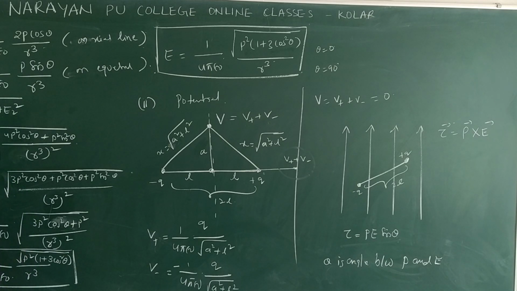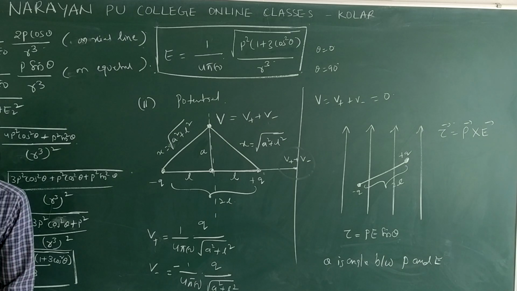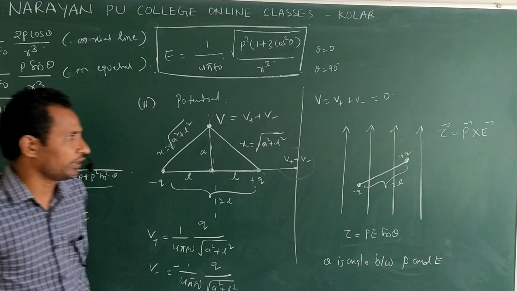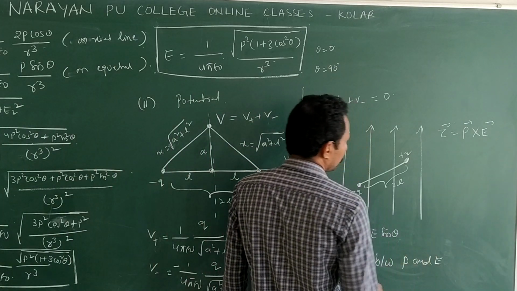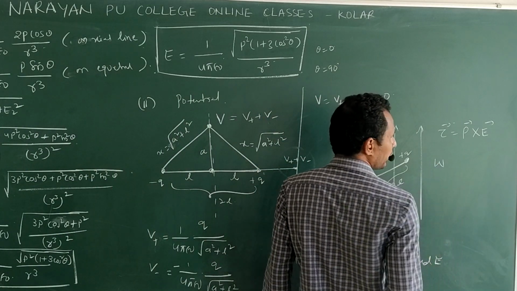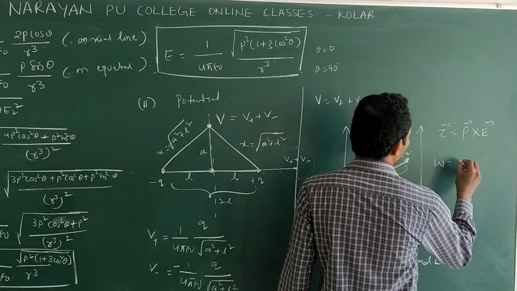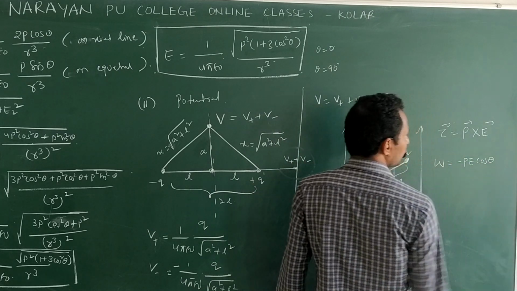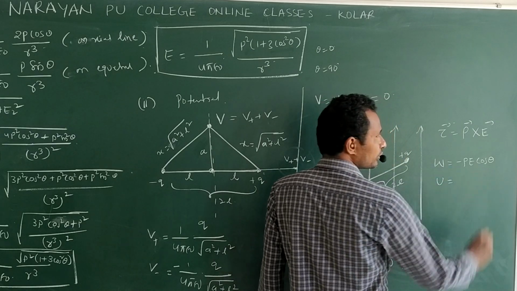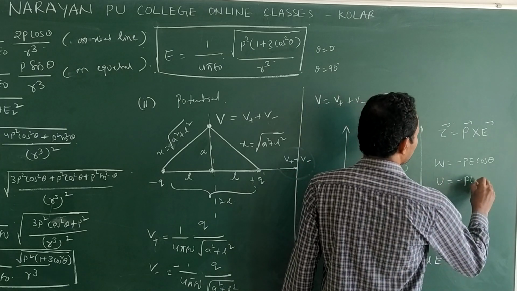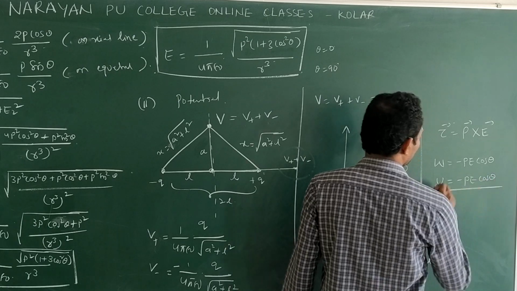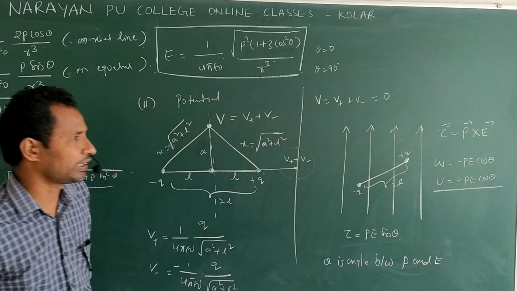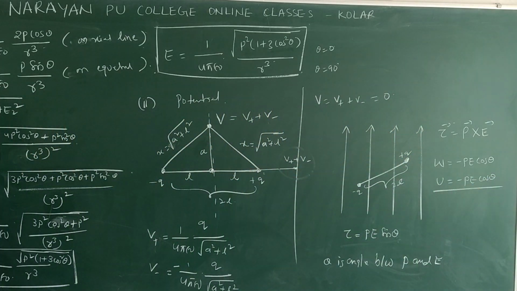Now, work done in rotating a dipole. The work done to rotate a dipole is W = −PE cos θ. This is stored in the form of energy, U = −PE cos θ. Again, θ is the angle between dipole moment and electric field.